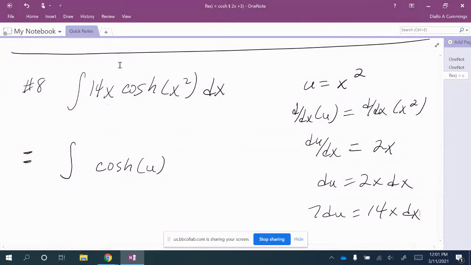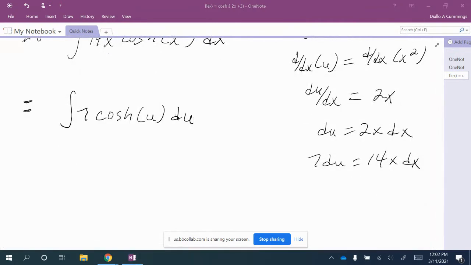So this will allow us to rewrite 14x dx as 7 du. And now my integral is written entirely in terms of u. All right, we've completely substituted out the x variable.